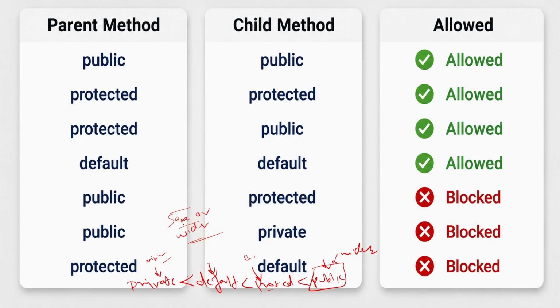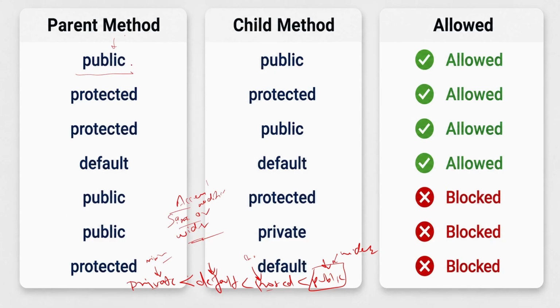The overriding method belongs to the child class. So let's say we have the public access modifier in the parent class. Then what is the rule? The access modifier can be same or wider.